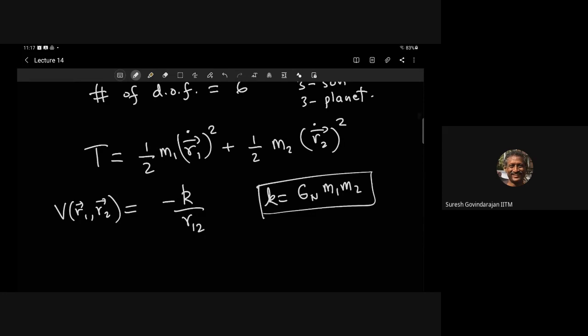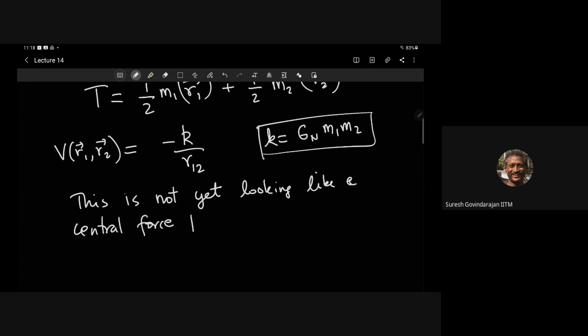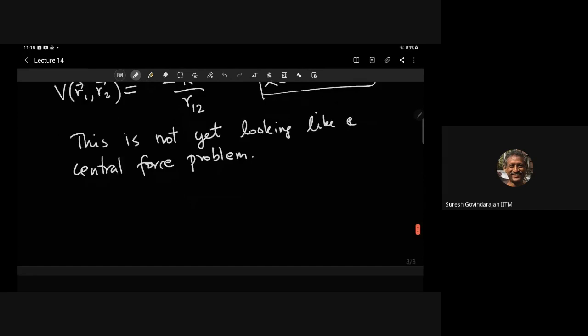So this is what we have in this problem, and this does not look like a central force problem yet. We need to make a change of variables. So now the question is, how do we do it?